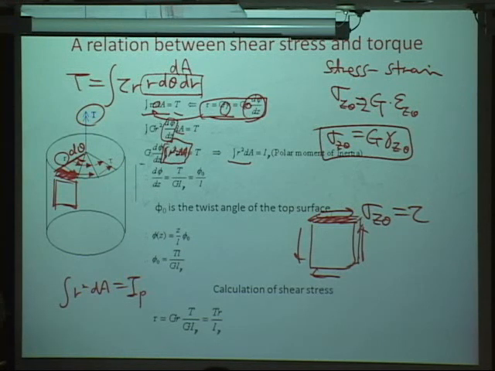And from here, d phi dz is simply T divided by G I, T divided by G I, and d phi dz is simply phi over L, so this is the final equation we have.